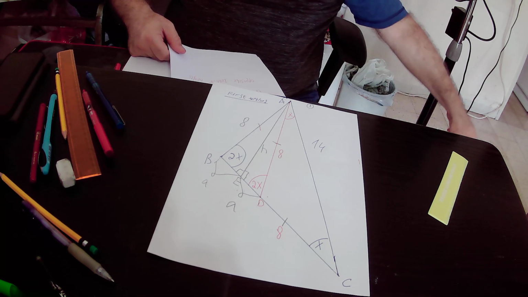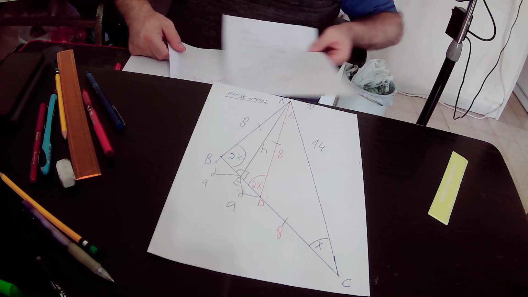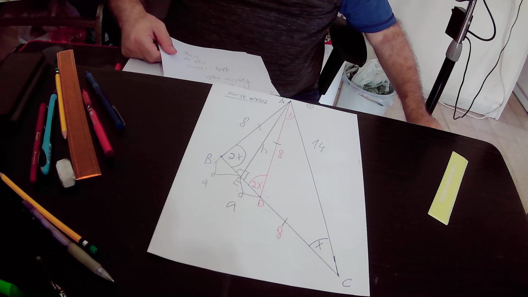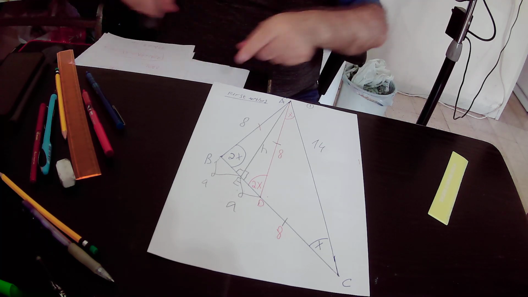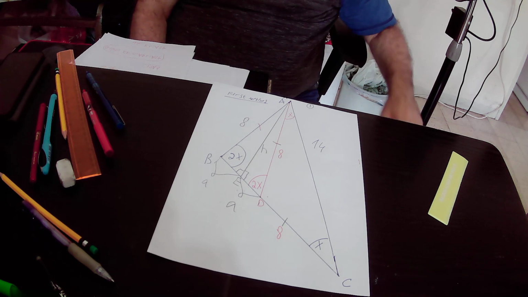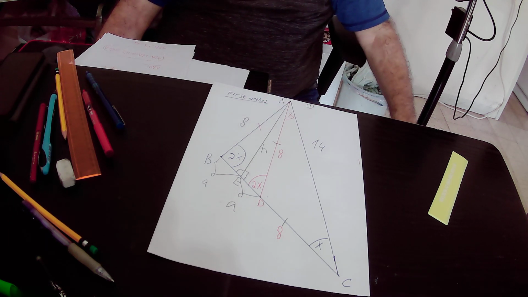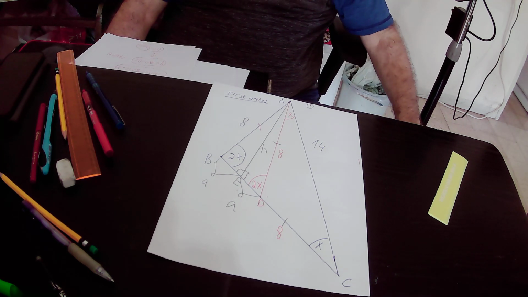Okay, so from the Pythagorean theorem we found out that h squared equals 64 minus A squared.